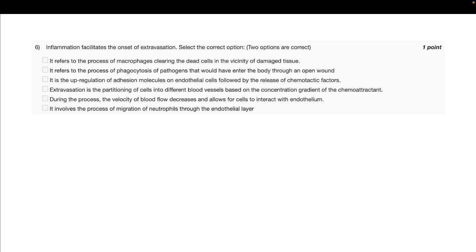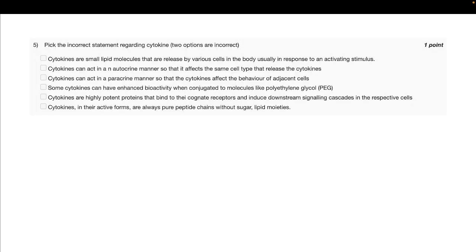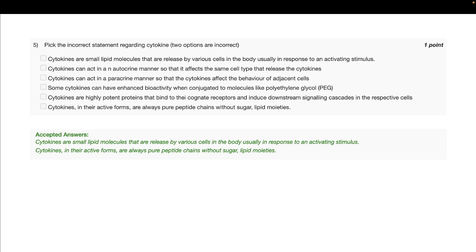Ma'am, regarding the last option, it is linked with the number of amino acids, then it is a peptide bond. Yes, this might be a little vague, what exactly is a protein and what exactly is a peptide. Peptides usually have somewhere around 20 to 30 amino acids linked together.